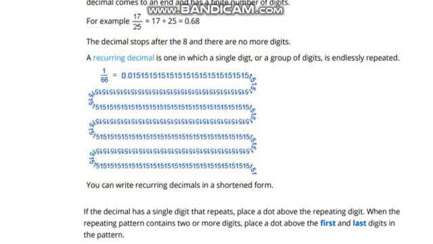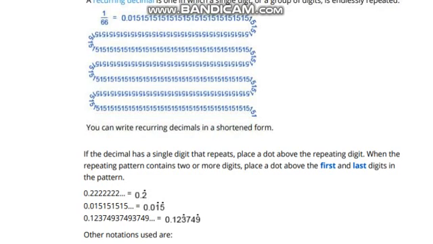If you do the calculation, you will not get an end to the digits. So you can write a recurring decimal in a shortened form, because you cannot write it out endlessly.